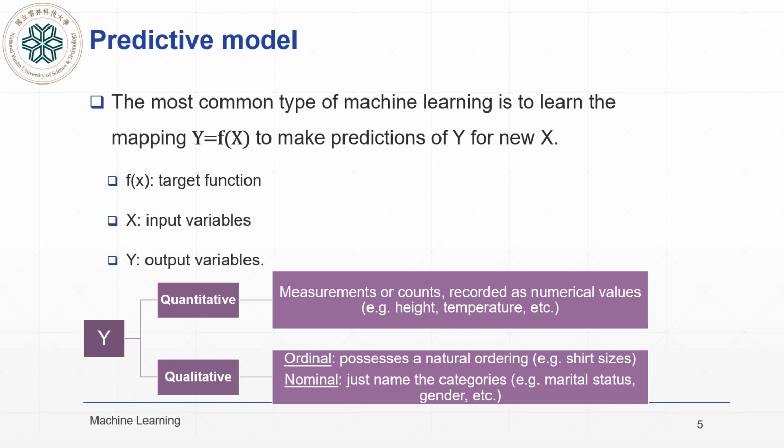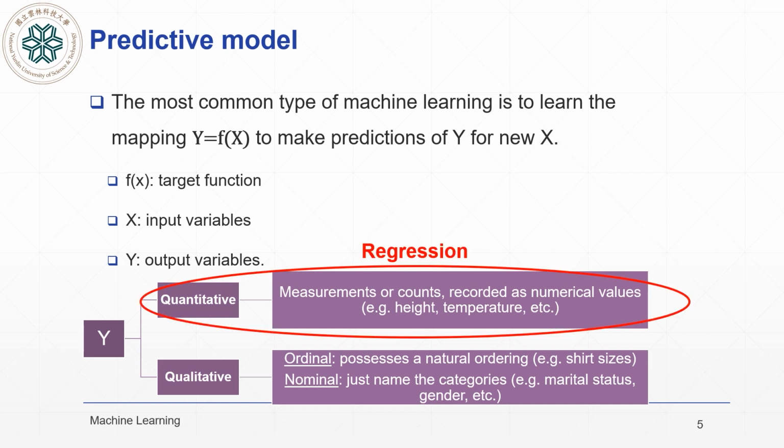So if you look at this flowchart, we have to predict y as an output variable, in terms of quantitative and qualitative.